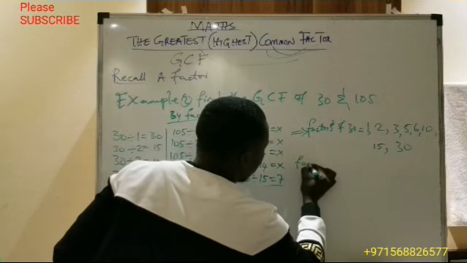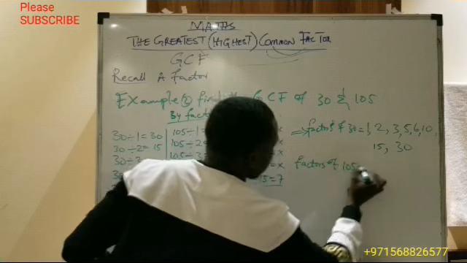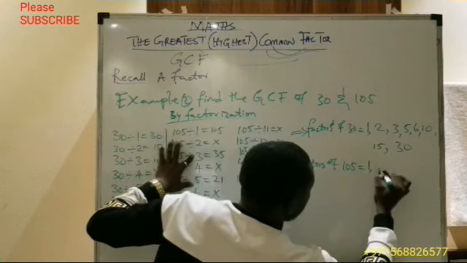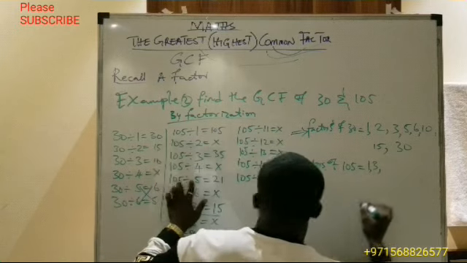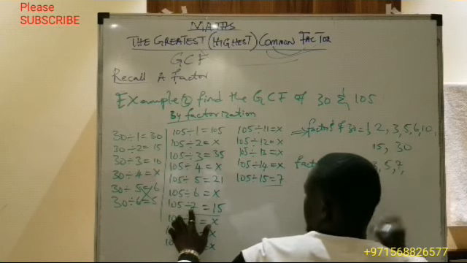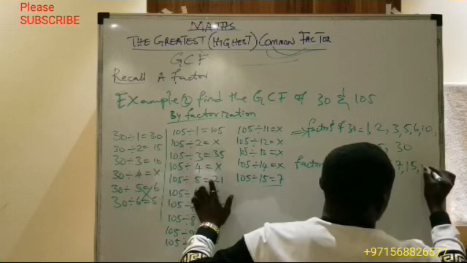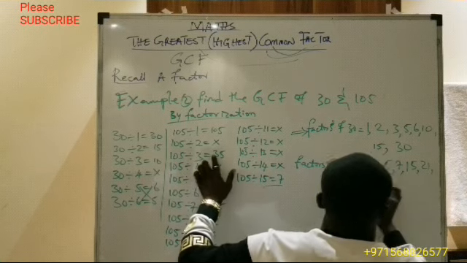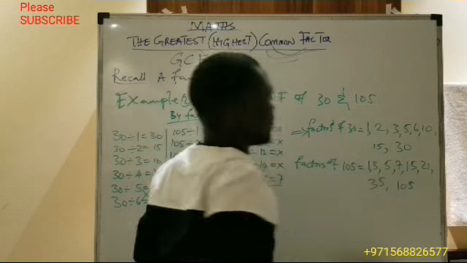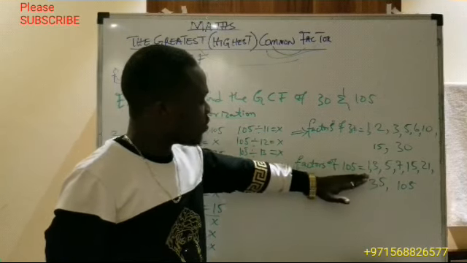Then, the factors of 105 are 1, 3, 5, 7, 15, 21, 35, and 105. These are factors of 30, and these ones are factors of 105.